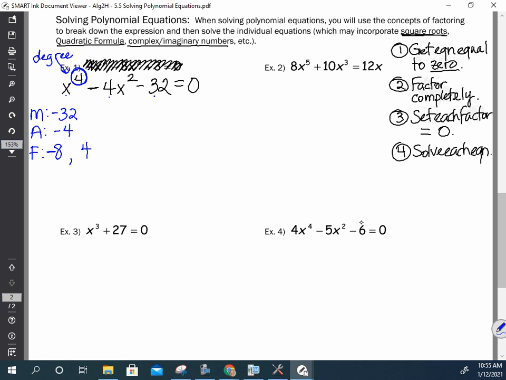Negative 8 times 4 is negative 32. Negative 8 plus 4 is negative 4. So the leading coefficient is 1, but if I divide by 1, nothing changes. So you have x minus 8, x plus 4.